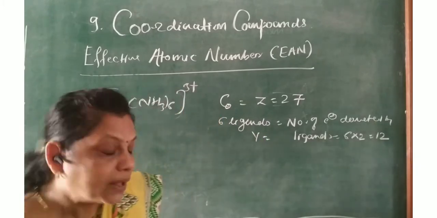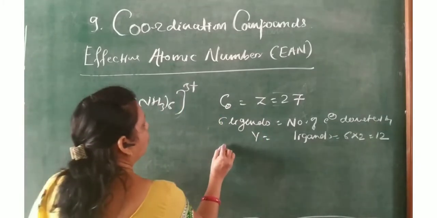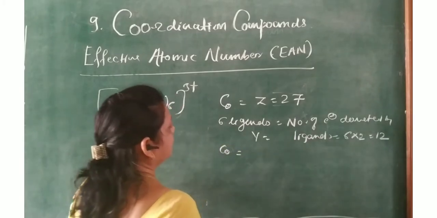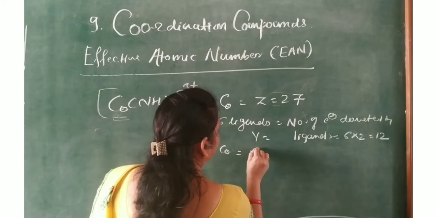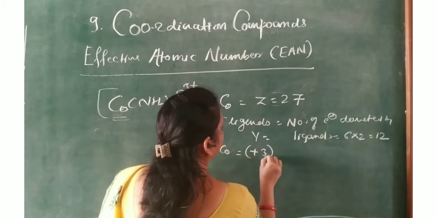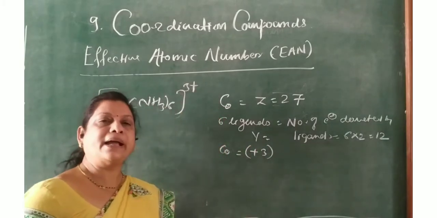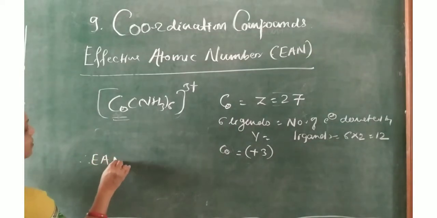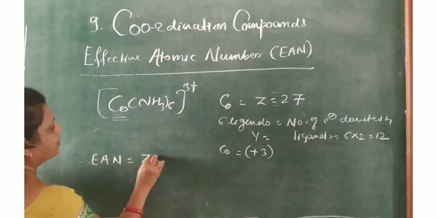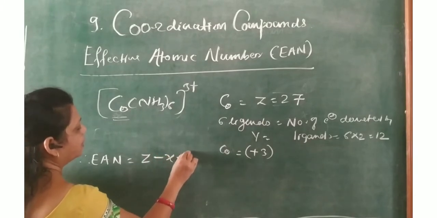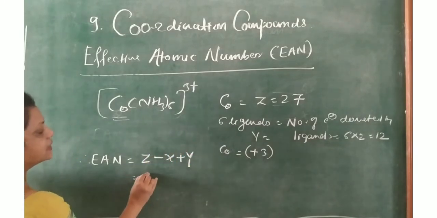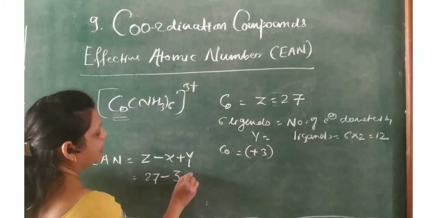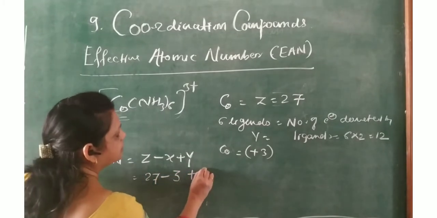The oxidation state of cobalt is plus 3, meaning 3 electrons are donated by cobalt. Therefore EAN is equal to Z minus X plus Y, that is 27 minus 3 plus 6 into 2, which is 12.